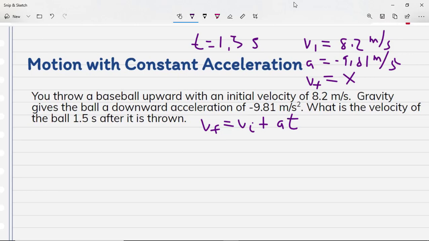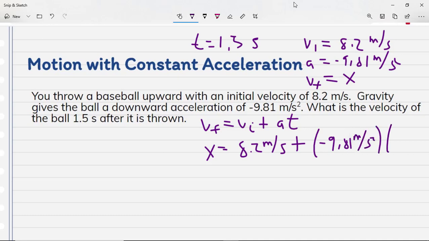So I want to know my final velocity, so v final equals 8.2 meters per second plus acceleration times time. And then you just plug in your values and algebraically solve for the unknown variable. And what we get is a final velocity of negative 6.5 meters per second.